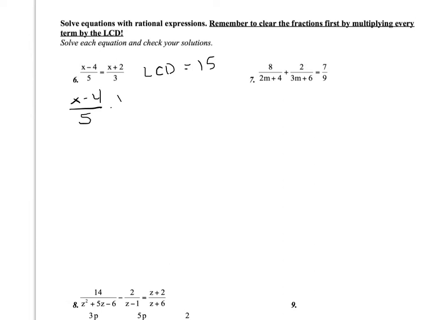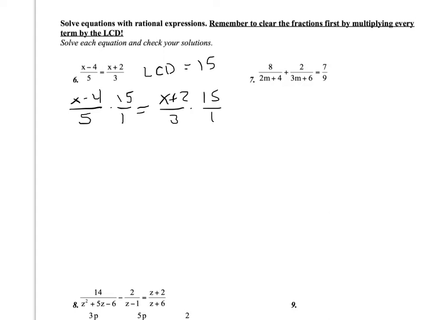So we multiply the left side by 15, and we multiply the right side by 15. Notice that I'm not multiplying by 15 over 15. The entire fraction gets multiplied by the LCD as a whole number. It's just in the numerator. If you want to think of it as being over 1, so it looks like a fraction times a fraction, then you may write it that way.